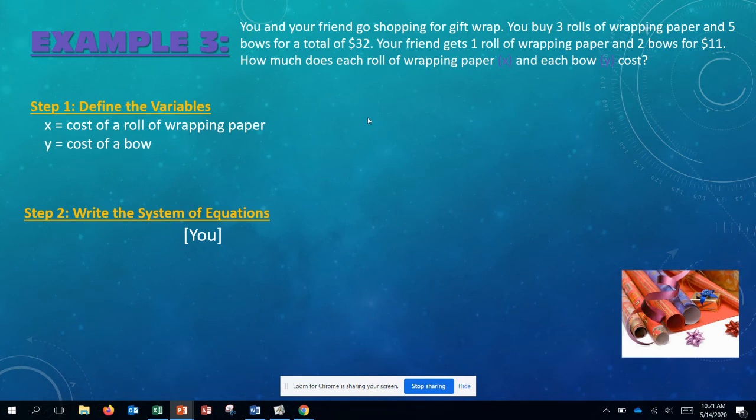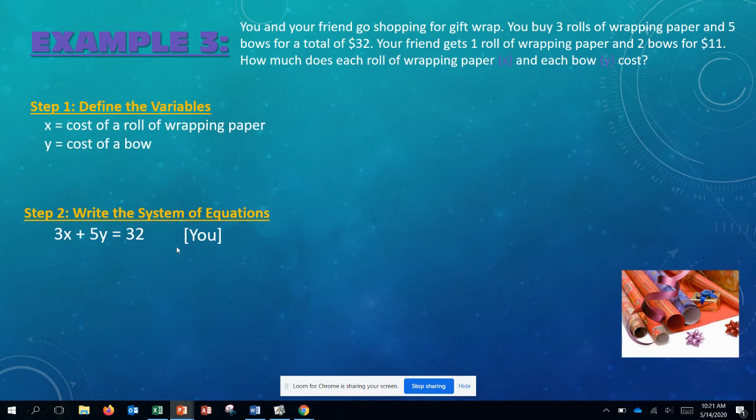Well, let's talk about the rolls of wrapping paper. How many rolls do we buy? 3, and they each cost x amount of dollars. So your first piece of your equation is 3x. Same thing for your bows. It's 5 bows for y dollars, so 3x plus 5y equals 32.